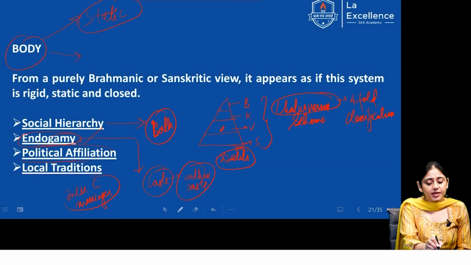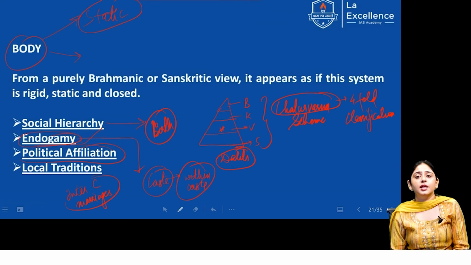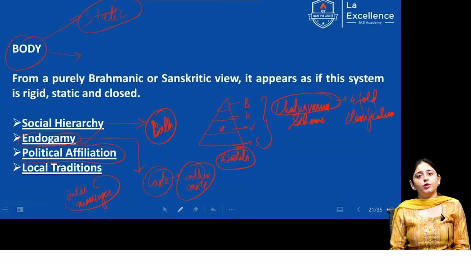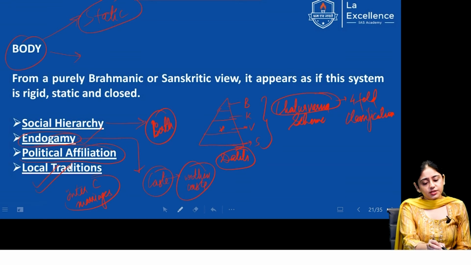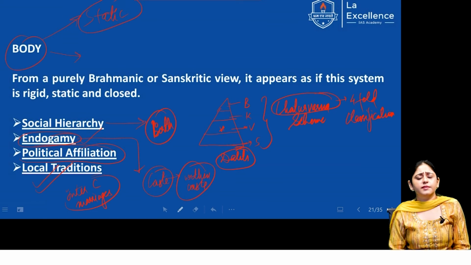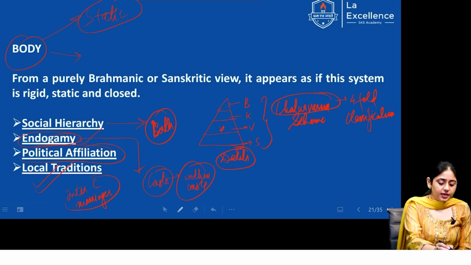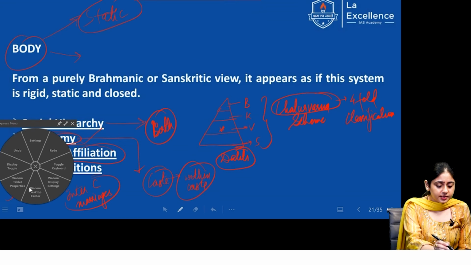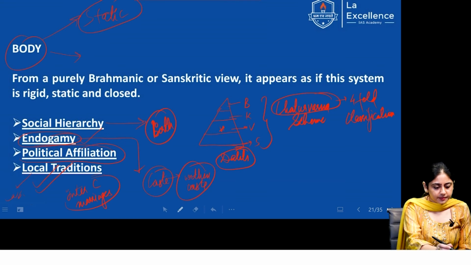Then political affiliation: today vote bank politics is purely along caste lines. Politicians themselves are not helping eradicate it, rather they are stressing more on vote bank or vote mobilization according to caste. Then local traditions at the village level, city level, your rites, rituals, customs are all according to caste and are being preserved by a particular caste, right?